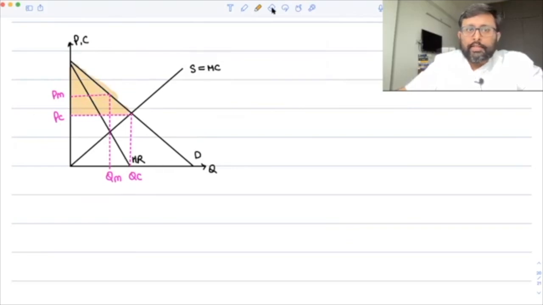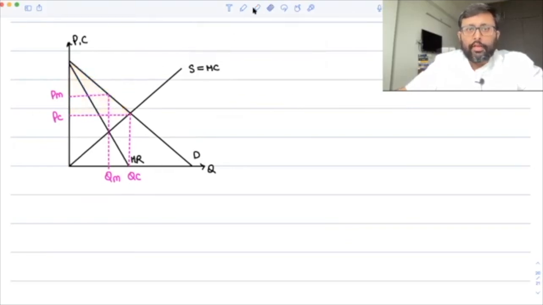So there is an addition to the consumer surplus by this much amount, when society works with a competitive firm instead of the monopoly.